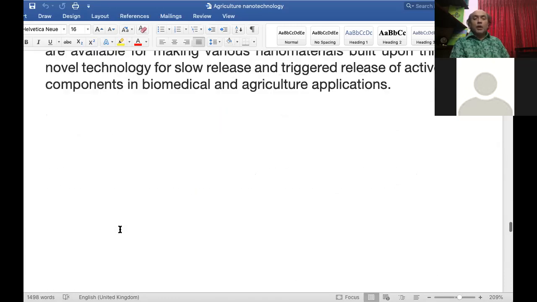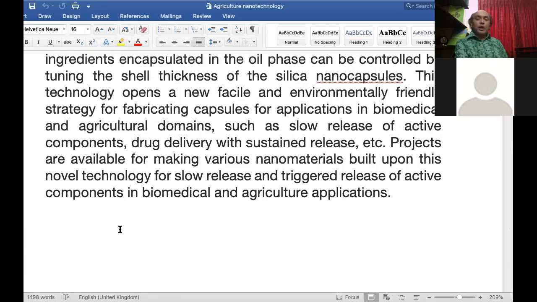So this is one of the important points I would like to mention here, that most of the nanotechnologies now discovered and seem useful in agriculture, they are patented.